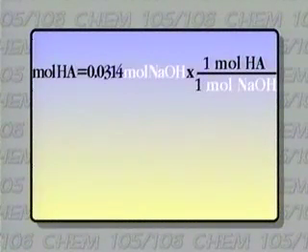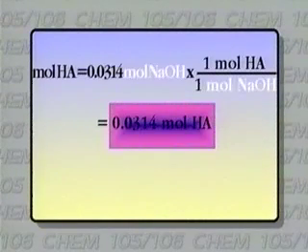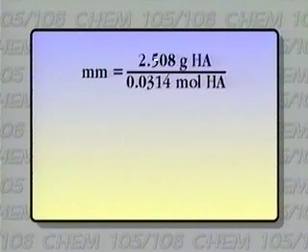Third step then, whatever it is that we want to solve for, we do. And in this case, what we want to solve for is the molar mass. So the molar mass, I'll just abbreviate as MM, is equal to the number of grams of acid, 2.508 grams of HA, divided by the number of moles of the acid, which we just calculated, 0.0314 mole of HA.